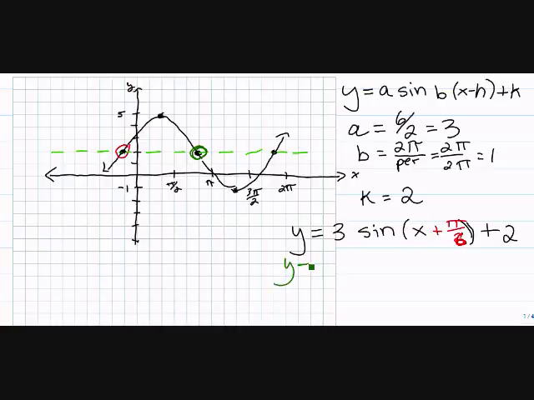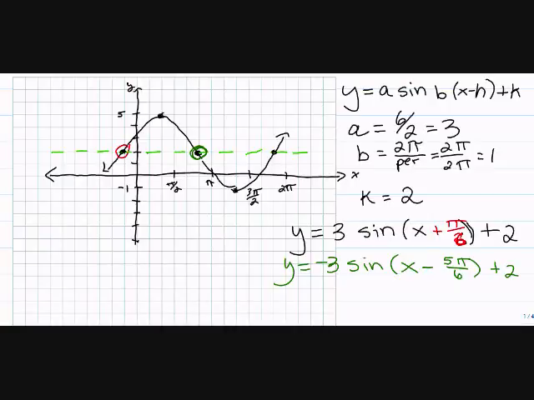So I could also write this as y equals negative 3 times the sine of x minus something, plus 2. Now, let me see how far the shift went from the y-axis. I am 1, 2, 3, 4, 5 tick marks away. So that's 5 pi over 6.